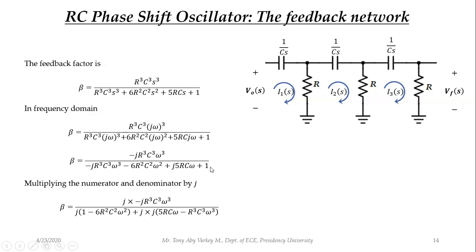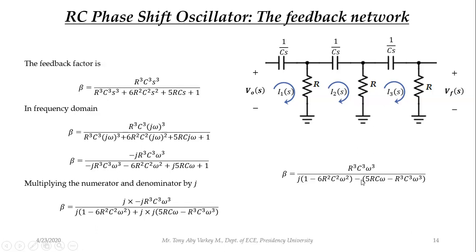The real part is 1 minus 6 R square C square omega square, and the imaginary part is j into 5 RC omega minus R cube C cube omega cube. What is j into minus j? j into minus j is plus 1, and j into j is minus 1.